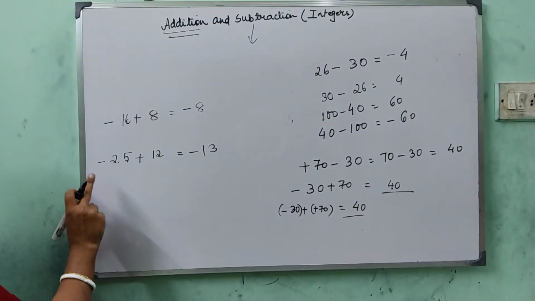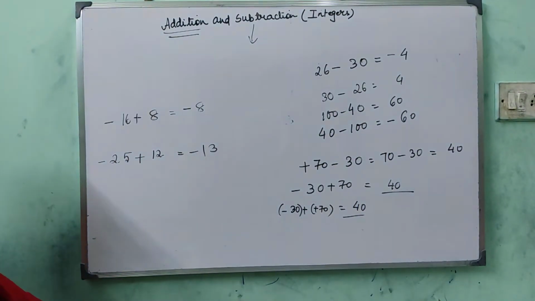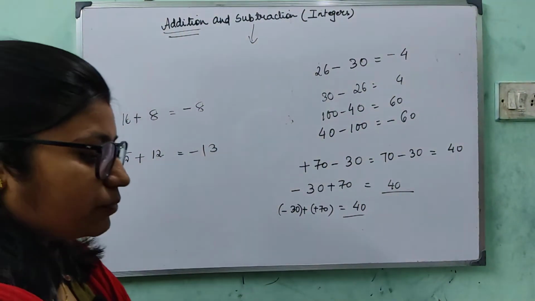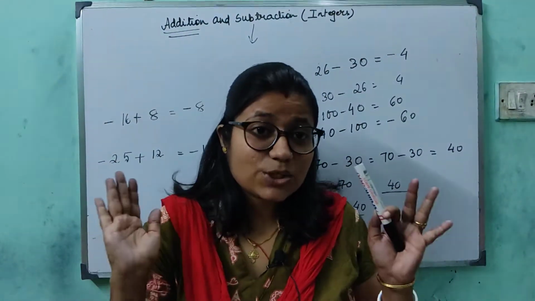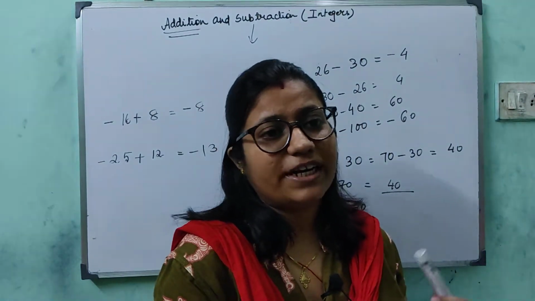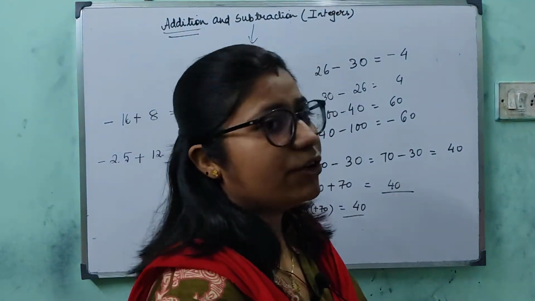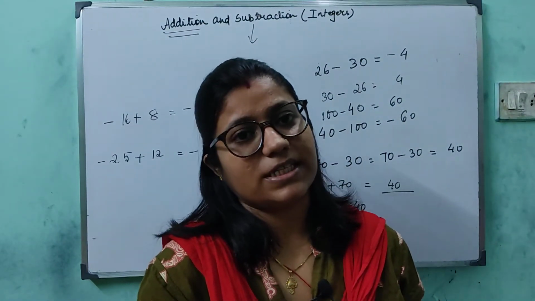That number's sign in the given question is the sign that will come into the answer. So I hope you have at least understood the concept of how to approach sums based on addition and subtraction. See the video a number of times so that the concept becomes clear.